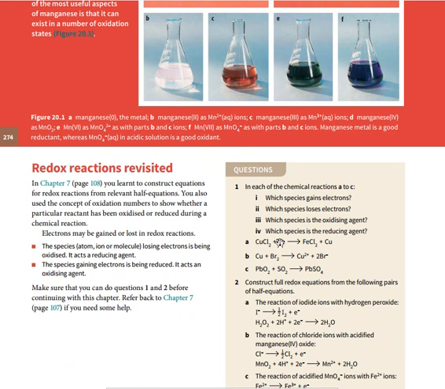For example, when you have copper chloride plus iron to produce iron chloride plus copper, this is a simple one to balance. Usually when you want to balance this type of reaction, the first thing you do is take iron to iron(II). Iron has been converted from Fe to Fe2+, so it has released two electrons, and those are used to convert copper(II) to copper.